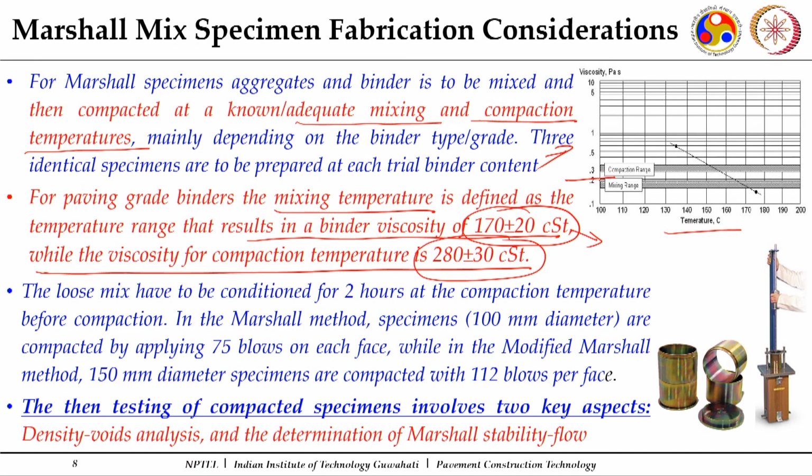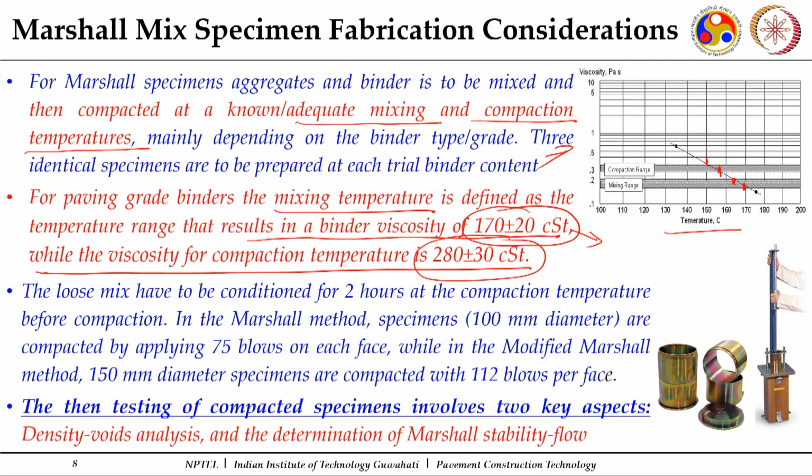Here you can see this is the range of temperature where your mixing viscosities are met, and this is the range of temperature where your compaction viscosities are met. As there is a range of viscosity, you will have a range of temperature.